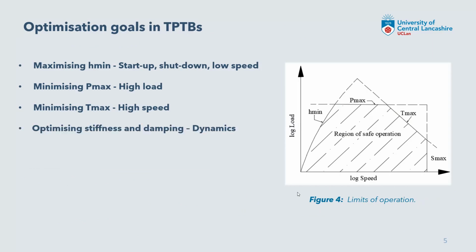And then there are designs to optimize the stiffness and damping due to the dynamics of the system, so system vibrations, designs for squeeze film dampers and such to optimize these dynamic characteristics.